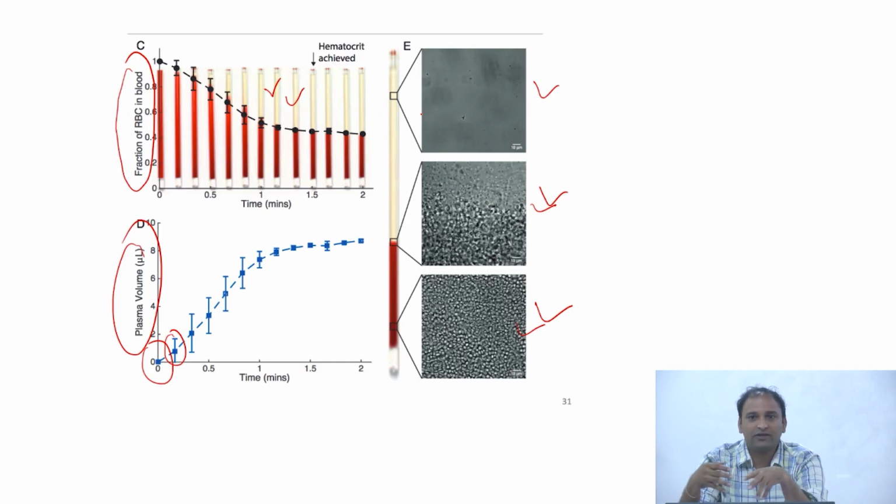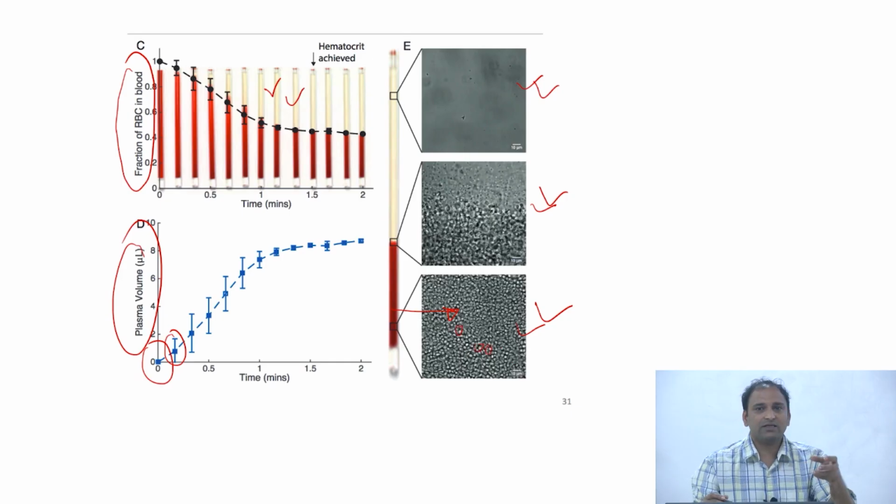Another way of confirming this would be to take out a small sample from different locations and do microscopy. If I do microscopy of a small sample from the top, I don't see anything. However, if I take a sample from the bottom, it's not a very high magnification image, but can you see some small circle-like things here?